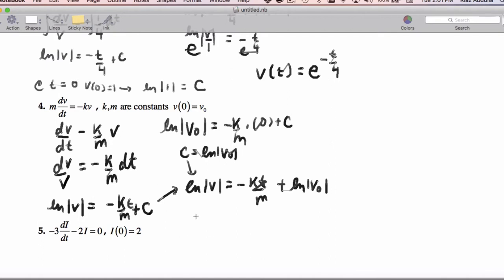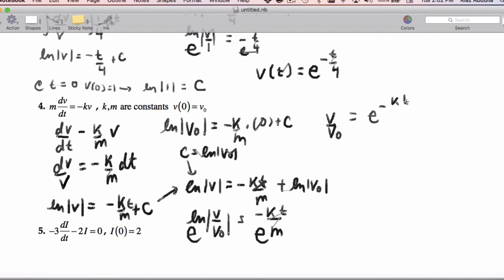That looks awful. So the natural log of v over v naught equals negative kt over m. Let's take the exponential of both sides, and so what we'll end up getting is that v over v naught equals e to the negative kt over m. And finally, we get that v equals v naught times e to the negative kt divided by m.